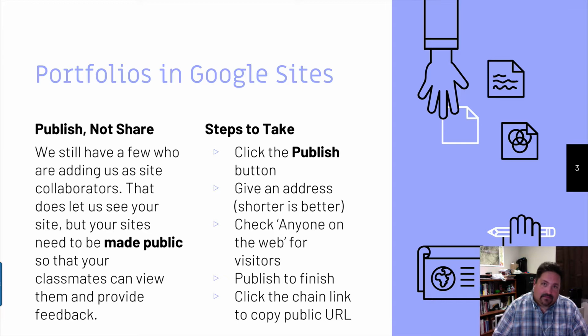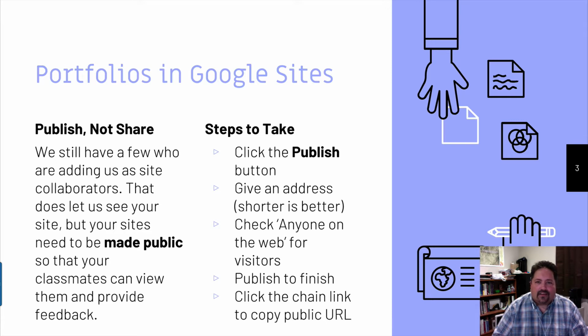That's okay. We can see your site, but when it comes time to start doing our peer reviews and everyone looking at each other's sites, that's not going to work. So you need to take a couple of steps to make sure that you publish your site, make it public, and then share the public link out with us so that we can make it available to everybody else.